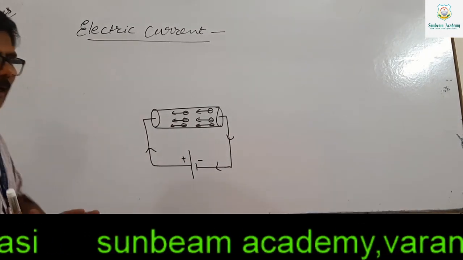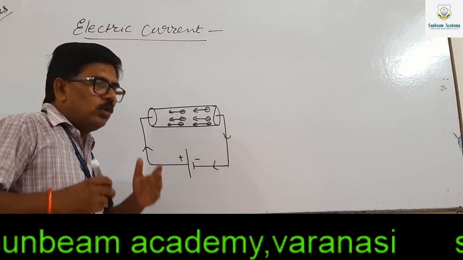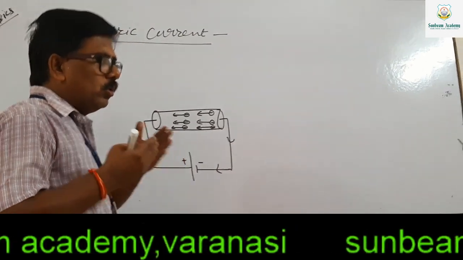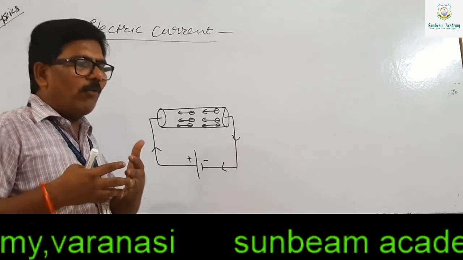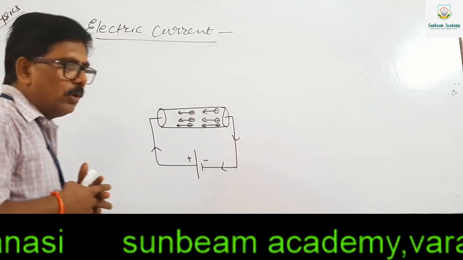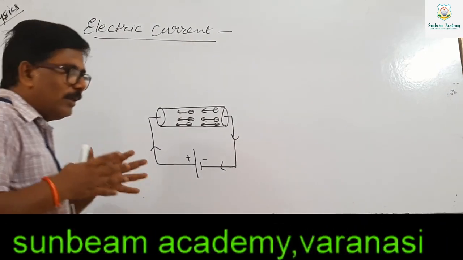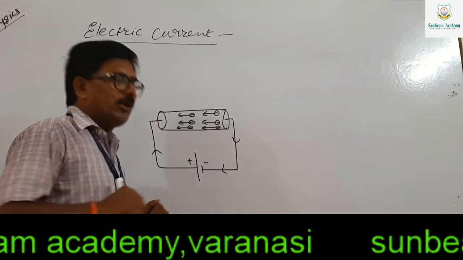It means that to show the direction of flow of electric current, we are considering the conventional direction.